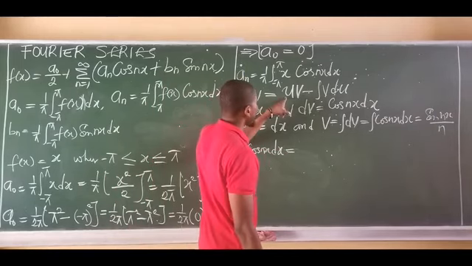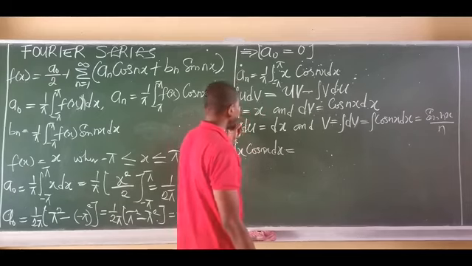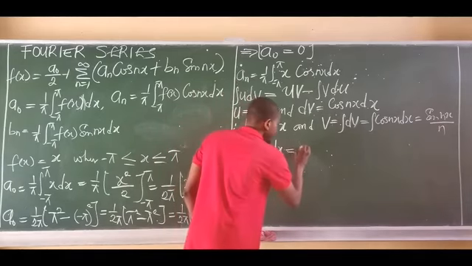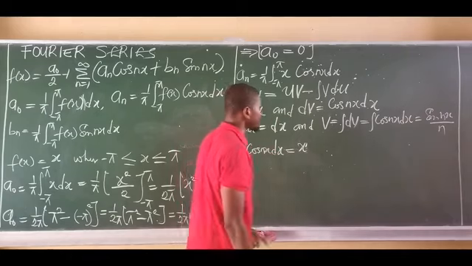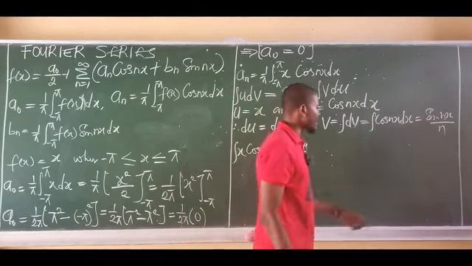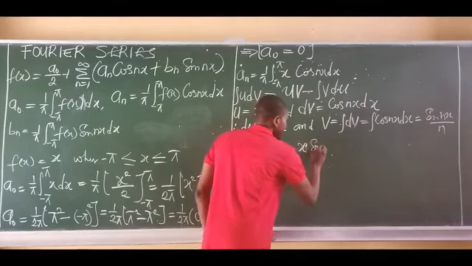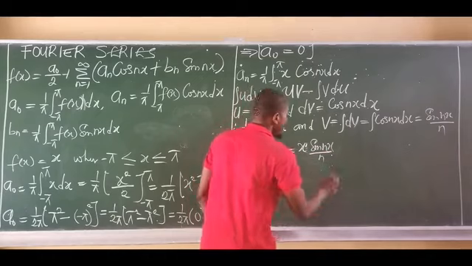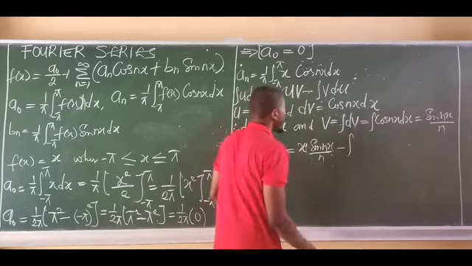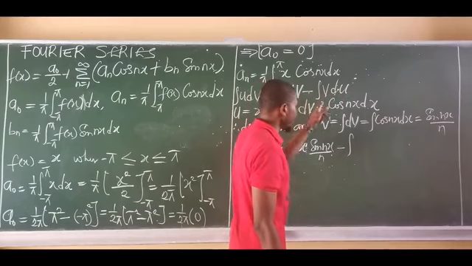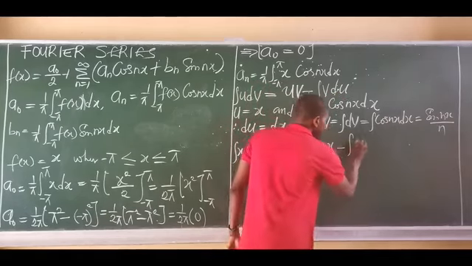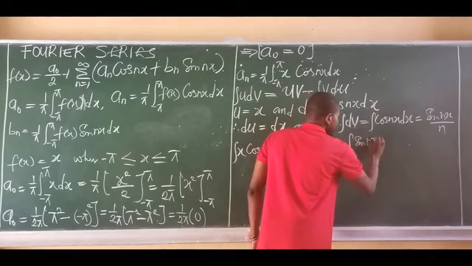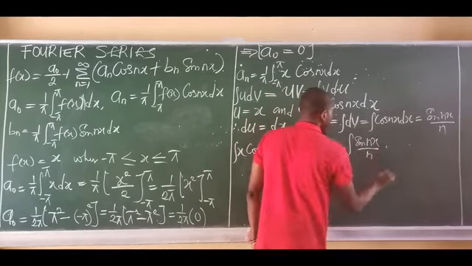This is equal to, from the formula, u times v, and we say let u be x. So this is simply x times v, and we obtained v to be sine nx all over n. So this is x sine nx all over n minus integral of v du. Again, v is equal to sine nx all over n, times du.